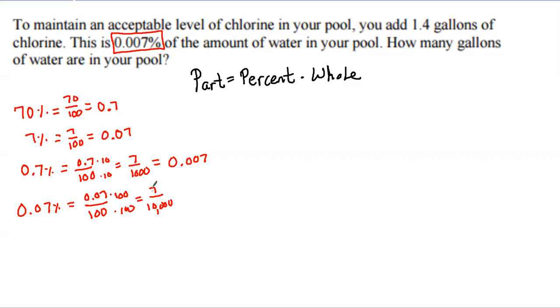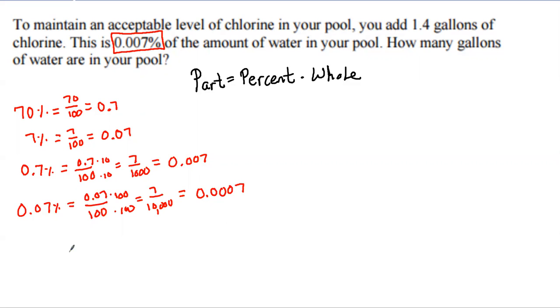So this is 7/10,000ths. Now we would want our 7 to be in the 10,000ths place. Remember, you've got tenths, hundredths, thousandths, 10,000ths. This is 7/10,000ths.